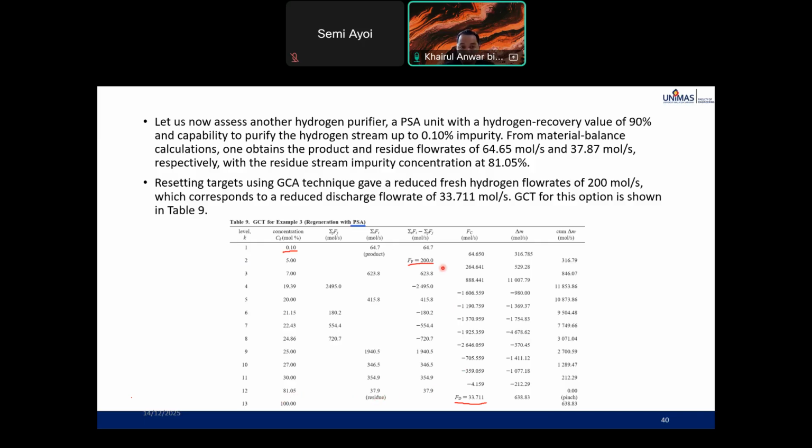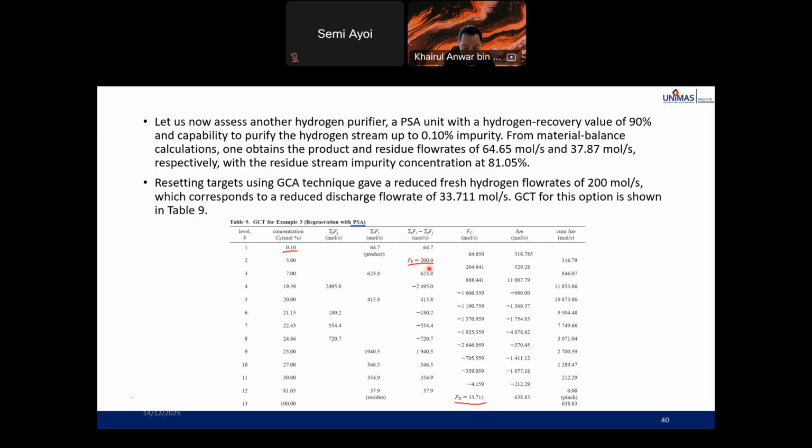Similarly, you start with FF equal to 0 and identify the pinch. The pinch here is at negative 200. If you do FF equal to 0, then using the 200 as the minimum fresh gas flow rate, you do another GCP.